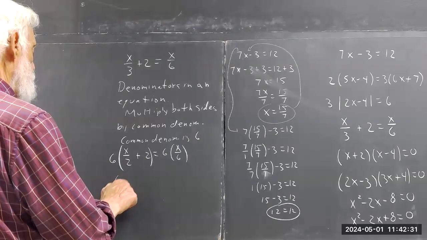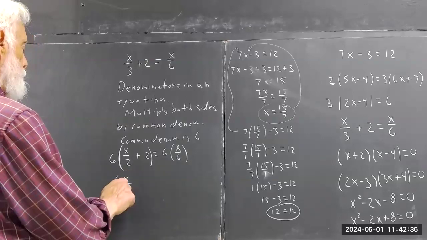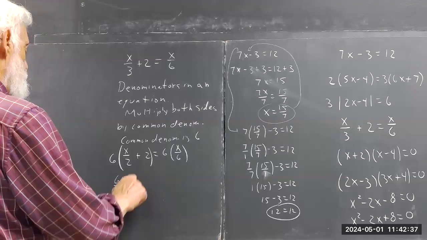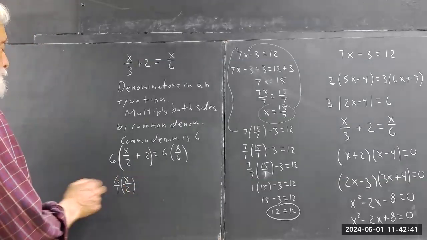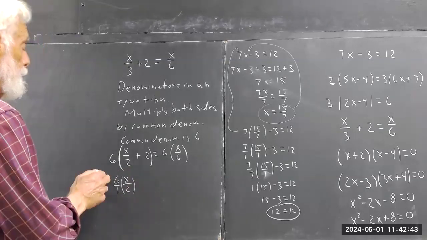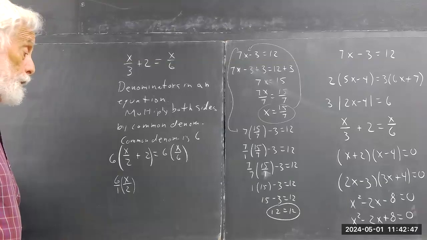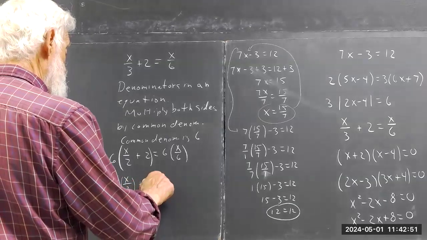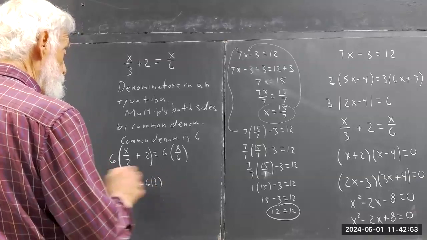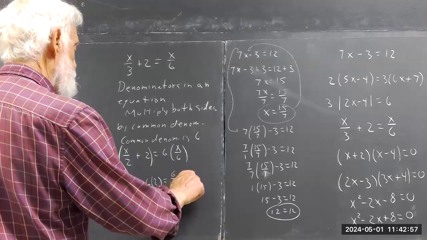Well, this can be written down as 6 times x over 2. And I write 6 over 1 times x over 2 because most people in this class really need to put that 1 there to remind themselves it's a fraction. And then you have 6 times 2, and that's going to be 6 over 1 times x over 6.